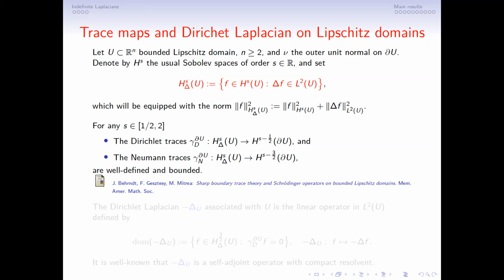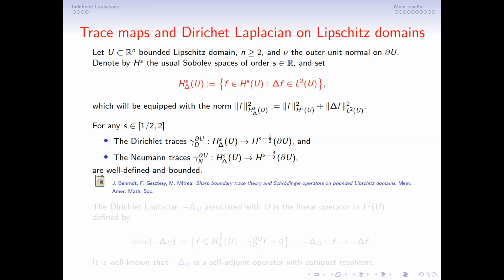So then, what is known, in fact, is that for any s in this range, the Dirichlet trace and the Neumann trace are well defined and bounded. Of course, for s bigger than 1/2, everything is well defined. It is well known.